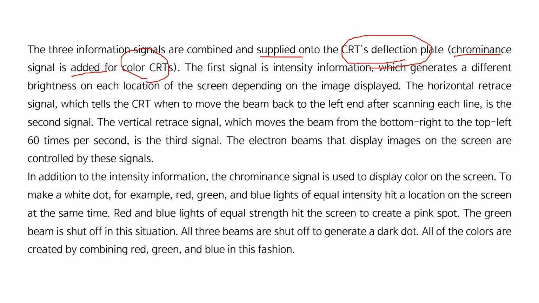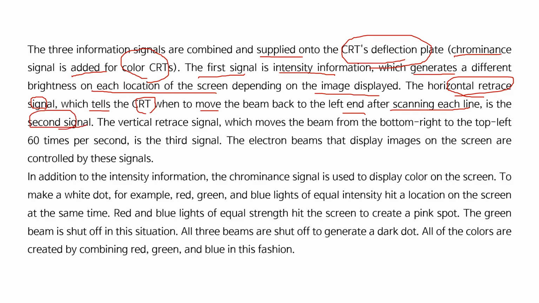The first signal is intensity information, which generates a different brightness on each location of the screen depending on the image displayed. The horizontal retrace signal, which tells the CRT when to move the beam back to the left end after scanning each line, is the second signal.